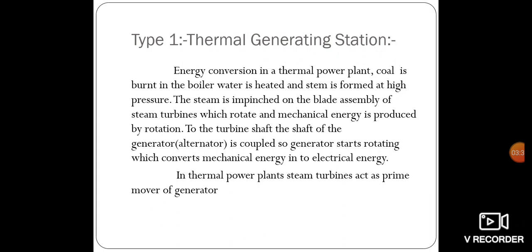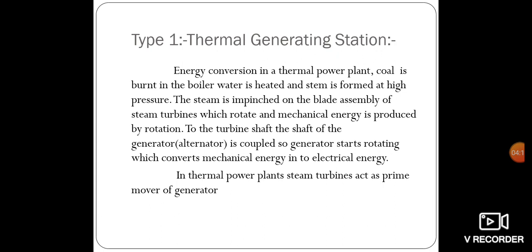This steam is directed onto the blades of the assembly of the steam turbines, which in turn rotates, and mechanical energy is produced by the rotation. The turbine shaft is coupled with the generator and this mechanical energy is transferred to the alternator by the coupled shaft, so the generator starts rotating, which converts mechanical energy into electrical energy.